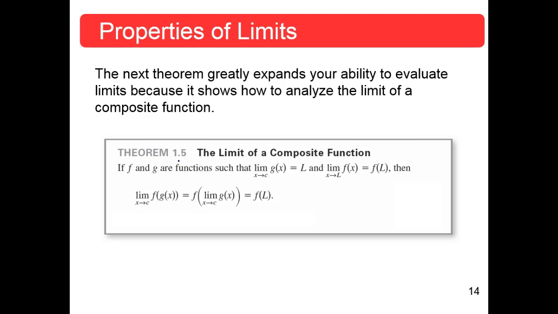So the limit of a composite function: f and g are both functions, such that the limit as x approaches c of g of x is equal to L, and the limit of f of x as x approaches L is f of L. Then the limit as x approaches c of f of g of x would be f of the limit as x approaches c of g of x, which we know to be L, and that would be f of L.